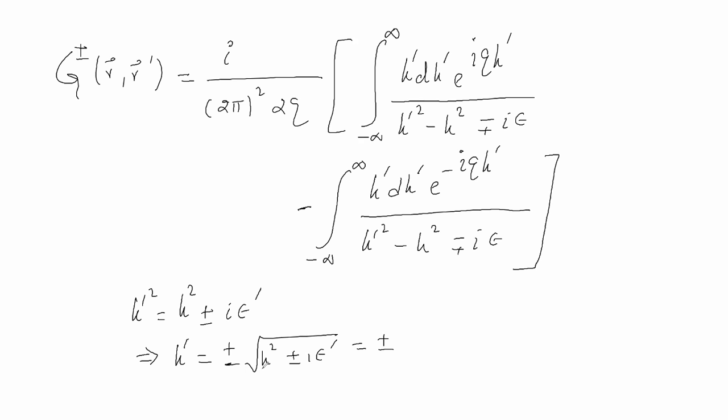If I take k² common, then this will be plus minus k times square root of (1 plus minus iε by k²).